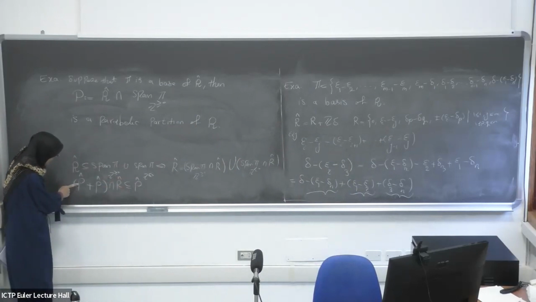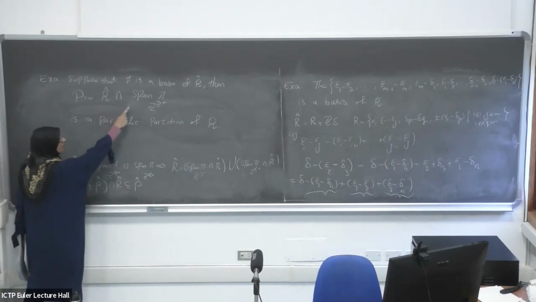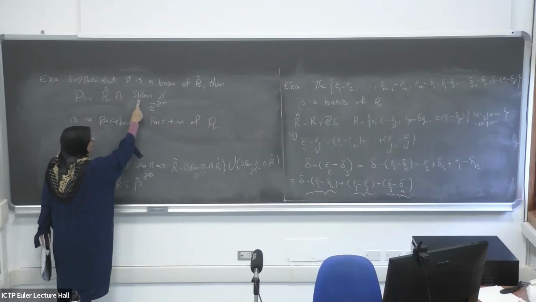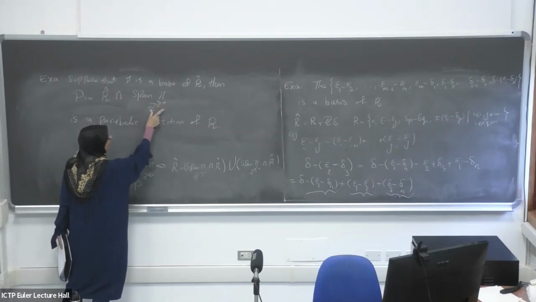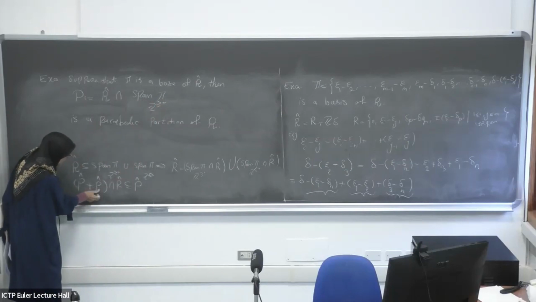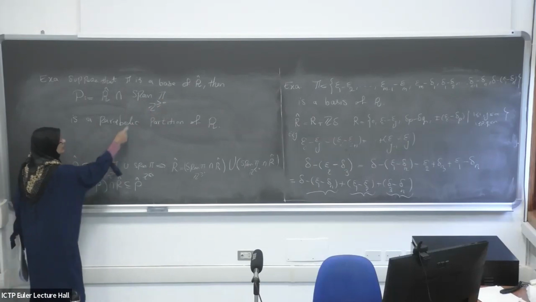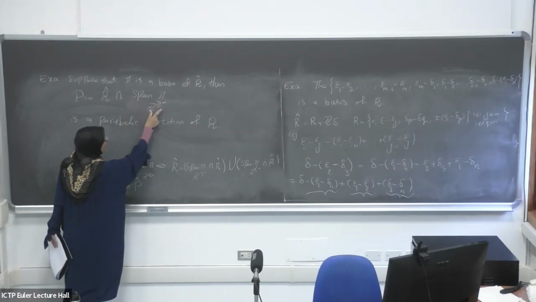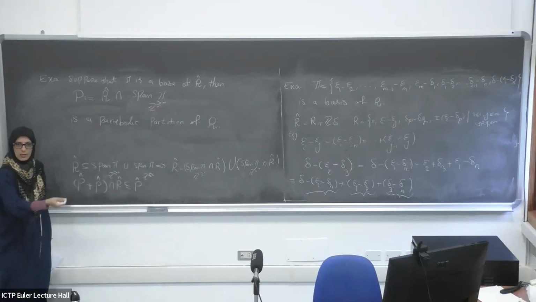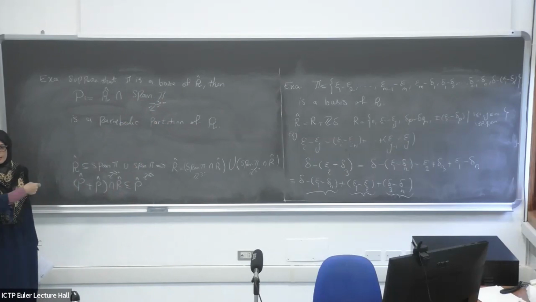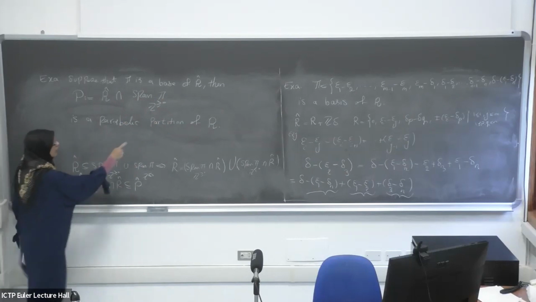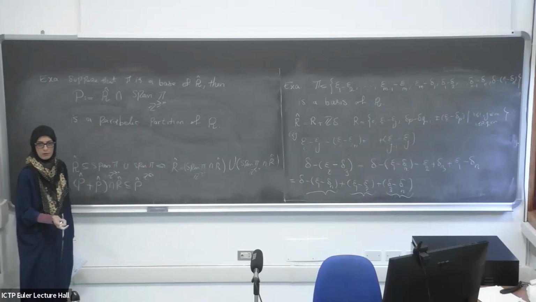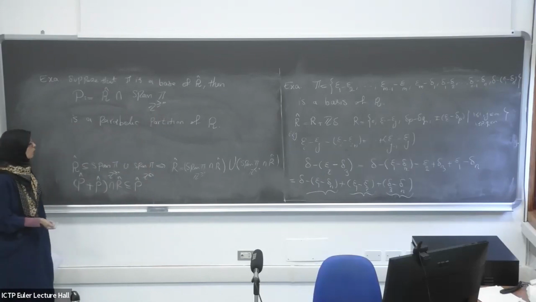If you have an element of P hat, it is a linear combination of elements of pi, and the coefficients are non-negative. And another element is also in P hat, so that element is again a linear combination of pi with non-negative coefficients. So if the summation is an element of R hat, again it is a linear combination of elements of pi, and the coefficients are non-negative. So the second property easily follows.